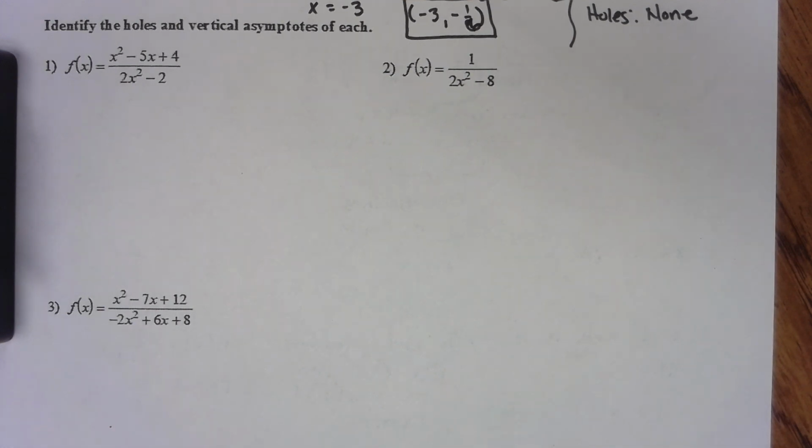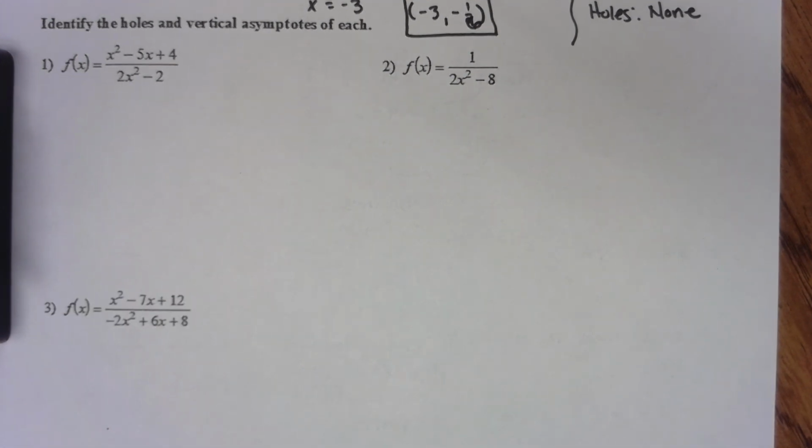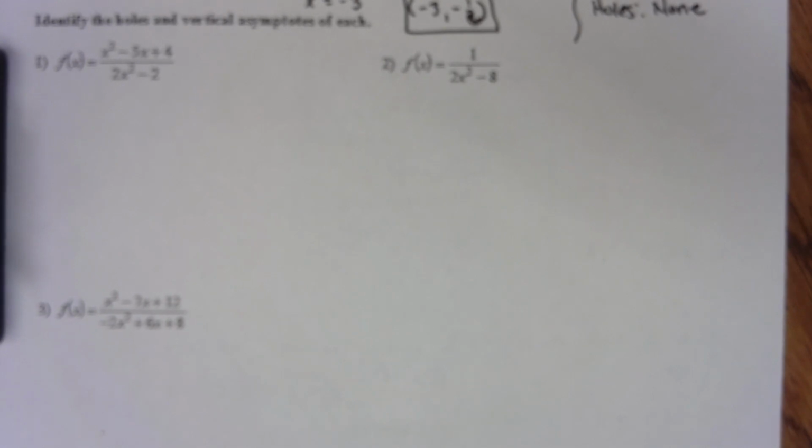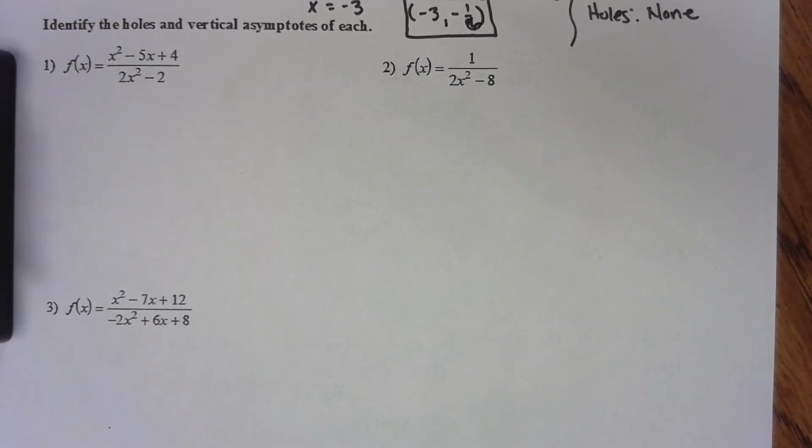Can you identify, if any exist, holes and vertical asymptotes of each? Do your very best with that. Ideally, work with the people in your group. Start with the factoring. Make sure you all factor correctly. Number one already has kind of a weird factoring. So work together to factor and find these points. We'll go over them in about 10 minutes.